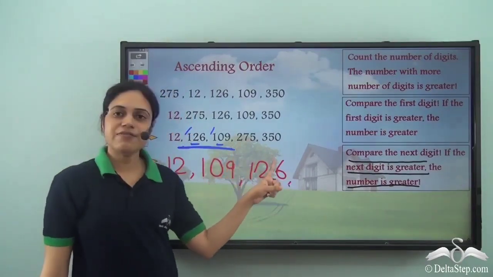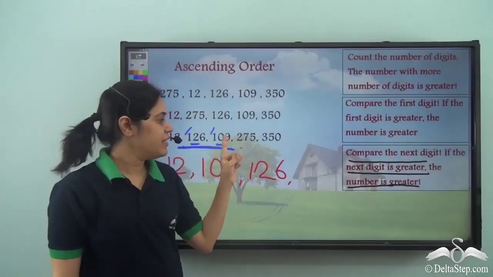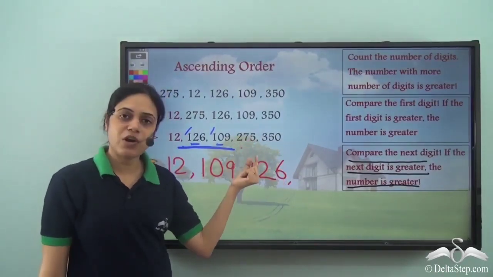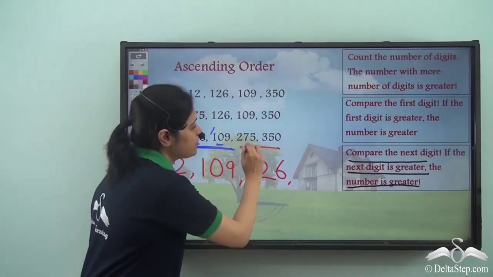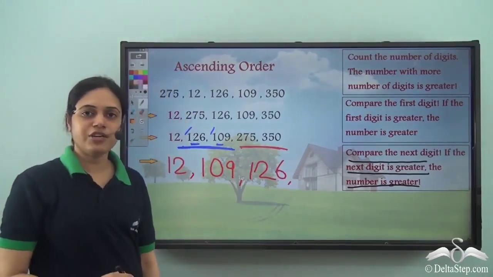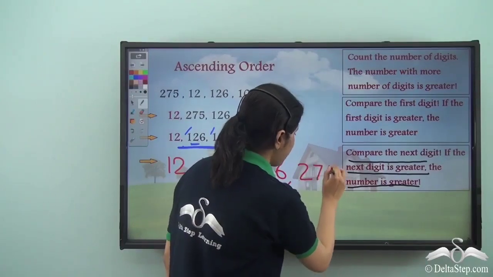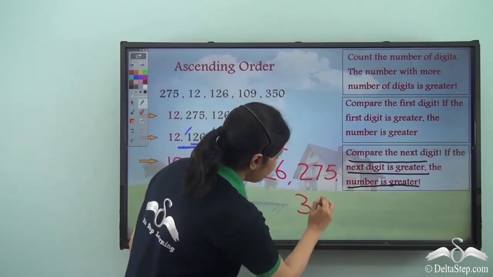What about 275? Well, we've already seen that between 275 and 350, 275 is the smaller number. So this is already arranged in increasing order. So this is 275 and 350.